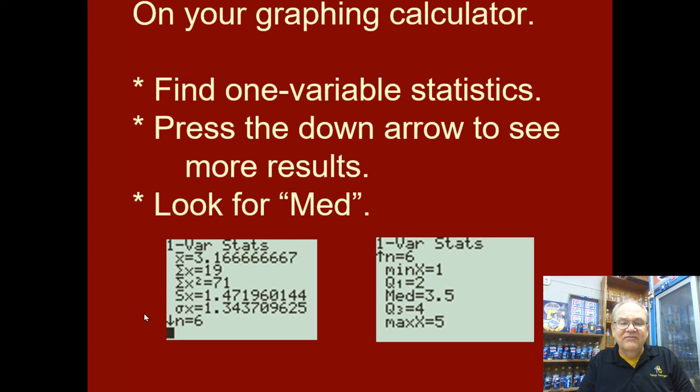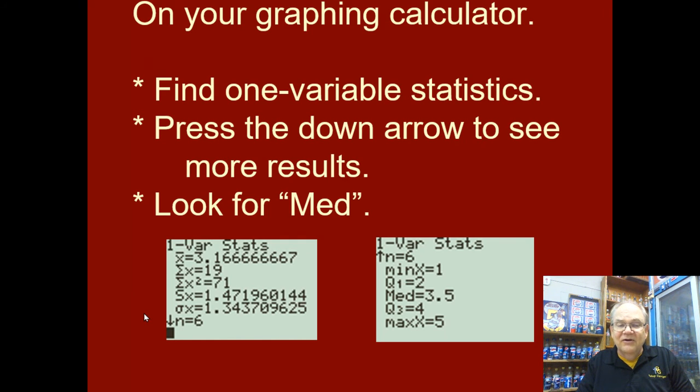Now, it's really pretty easy to find the median on your graphing calculator as well. When you do one variable statistics, you might have noticed when we went through things before that there was a little arrow down at the bottom of the screen. And what that means is there's more stuff that you can see, which you can find by just hitting the down arrow on your calculator repeatedly.